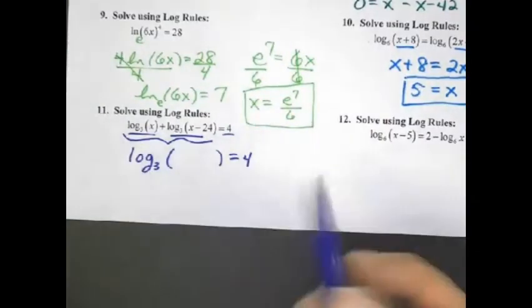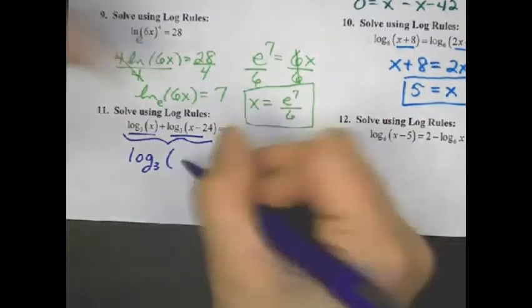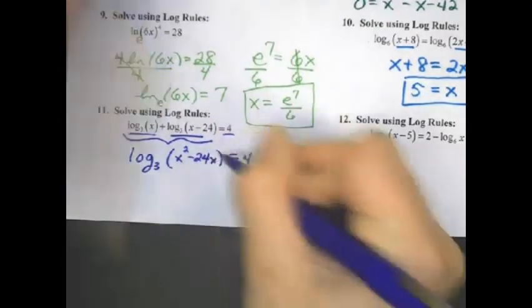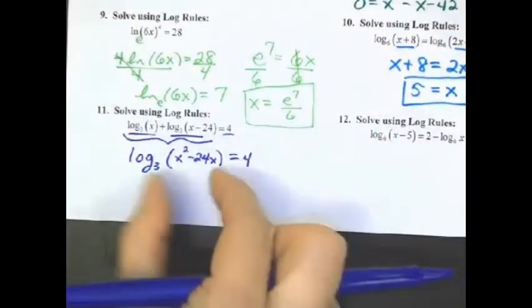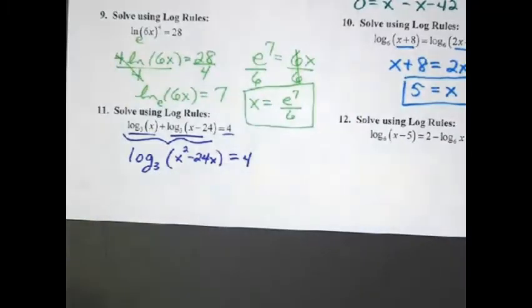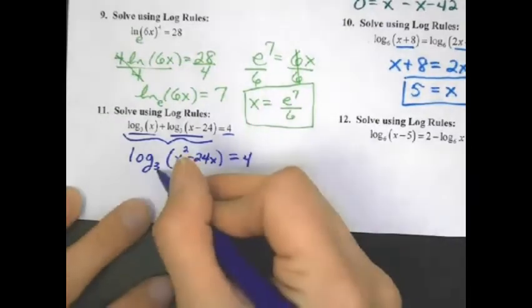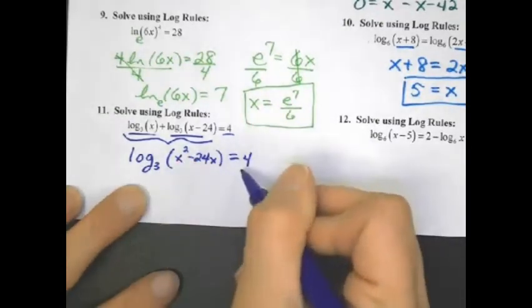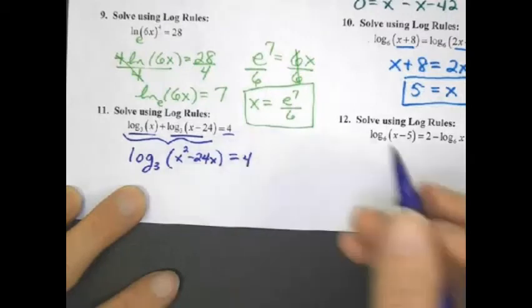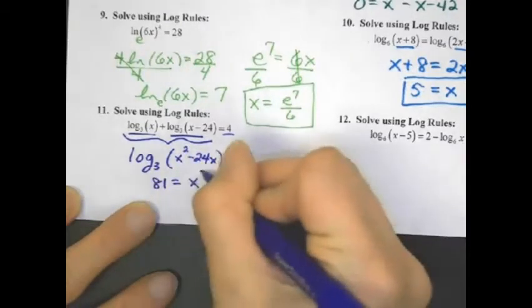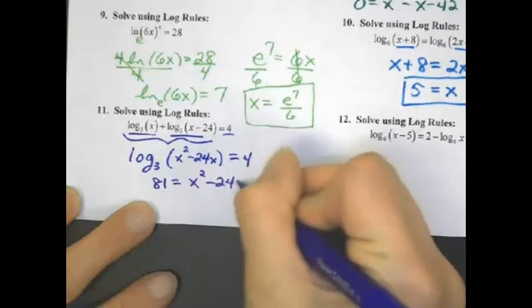And the arguments are going to get multiplied: x squared minus 24x. Make sure you use parentheses so all of that stuff gets in the argument. And when you get stuck in log form, you go ahead and do a log circle. 3 to the power of 4 is 81 equals x squared minus 24x.